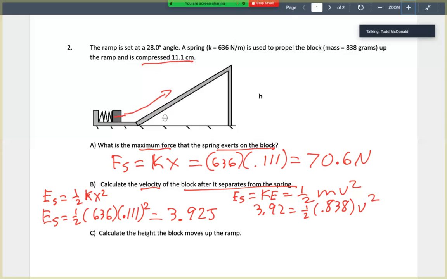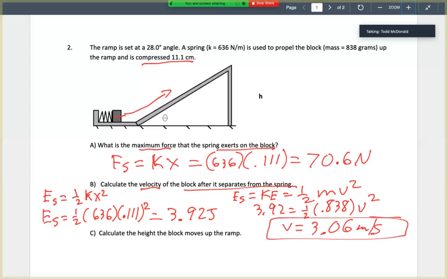We're going to take our 3.92, divide by half of 0.838. So what I'm going to do is take 3.92 divided by 0.5, which is a half, and then divided by 0.838 again. That gives me a 9.35, and then I hit the square root button. My velocity ends up being 3.06 meters per second.